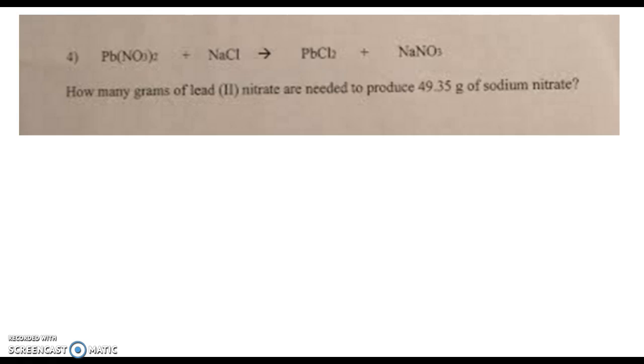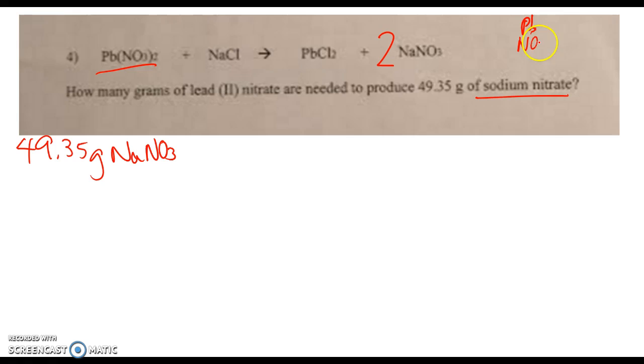Number 4 says, how many grams of lead nitrate are needed to produce this many grams of sodium nitrate? Well, this is what we're starting with, right? Sodium nitrate. Alright, let's do our balanced equation. Alright, if I wrote down what I have here, I have lead, I have nitrate, that's a polyatomic ion, I can leave that together.